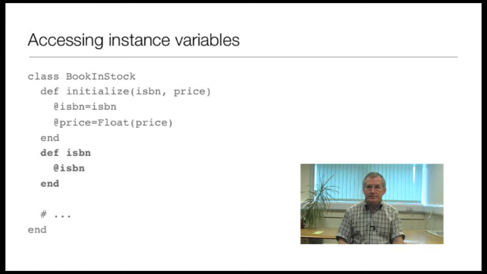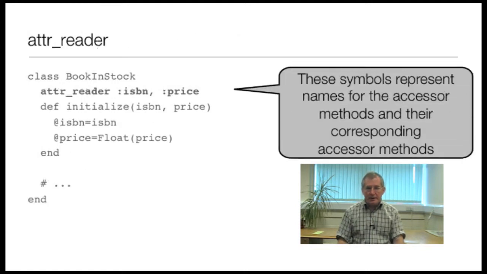And of course Ruby supports that, and so we can declare all of the readable instance variables in a single line using this attr_reader declaration that I've used to replace the instance variable declaration. And now in one line we've got implicitly the accessor methods for the 2 instance variables declared here.